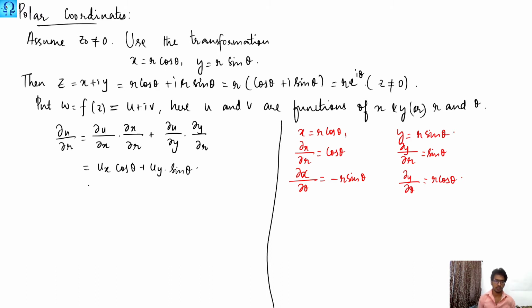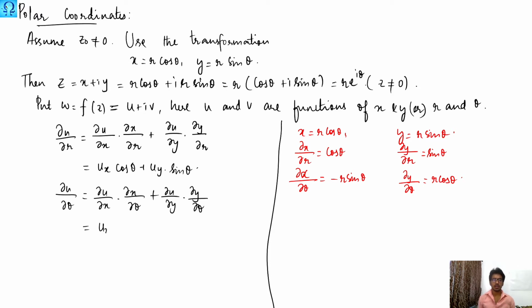And del u upon del theta is going to be del u upon del x multiplied with del x upon del theta plus del u upon del y multiplied with del y upon del theta.